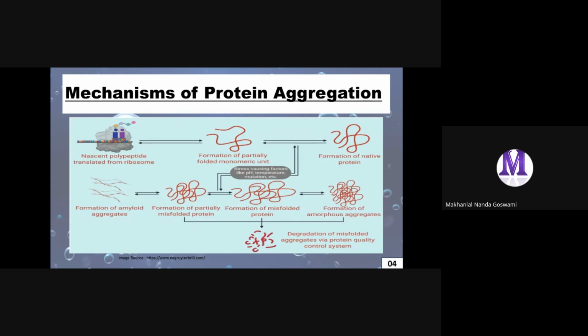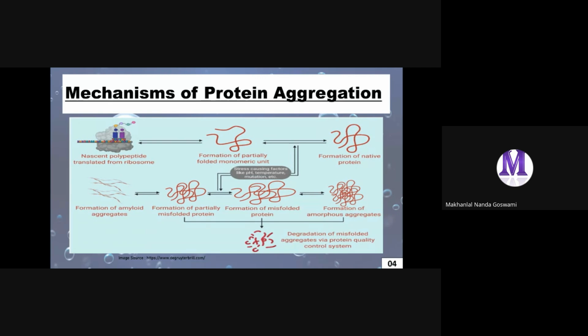When stressors affect the folding process, the protein can become partially misfolded, and a misfolded protein can then aggregate into amorphous aggregates. And this mechanism shows the pathway of the protein folding from translation to the native state and highlights how stressors can lead to misfolding and aggregation.